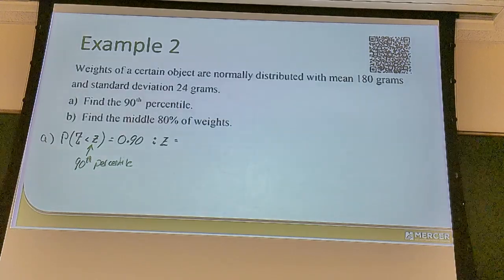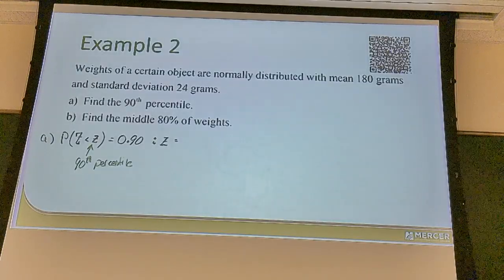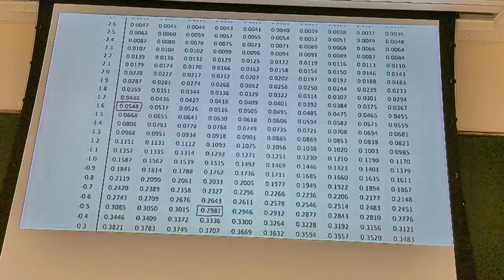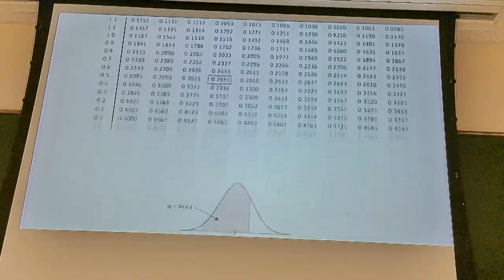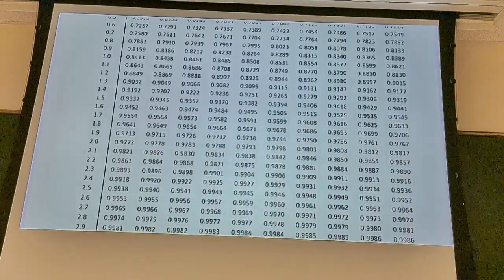So we have to go over to the z table. We're going to look for area 0.9000.